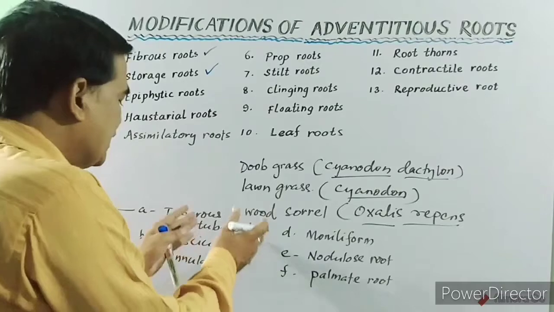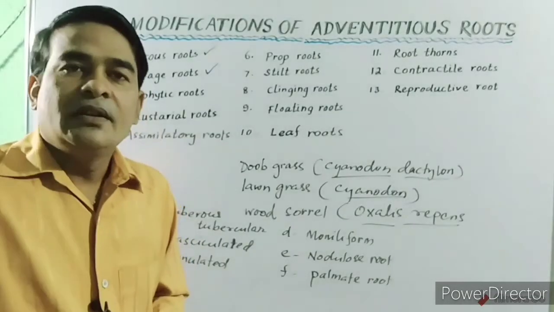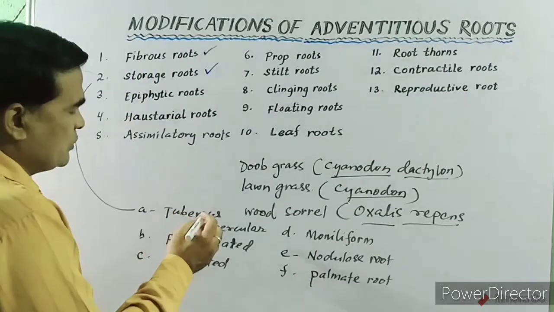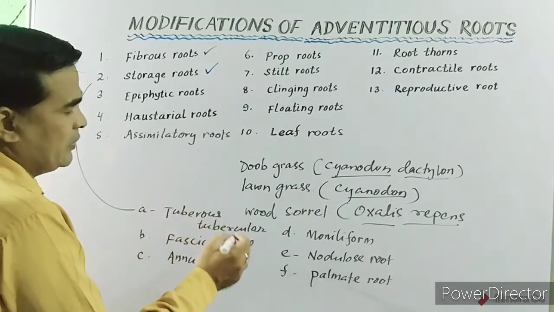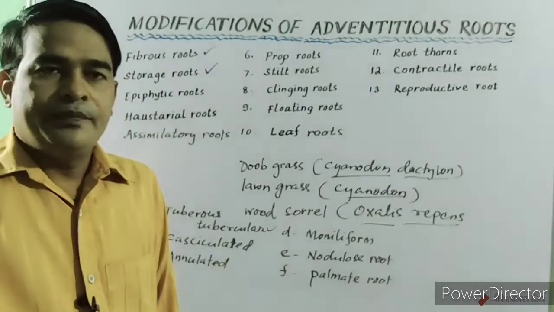So these are the types or forms of adventitious storage roots. We will study about these roots. First, tuberous or tubercular root.